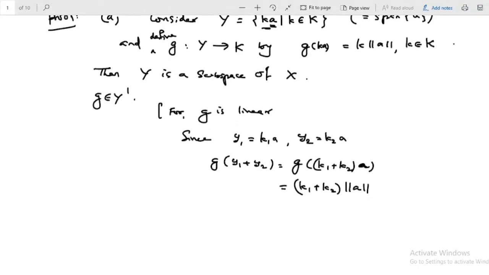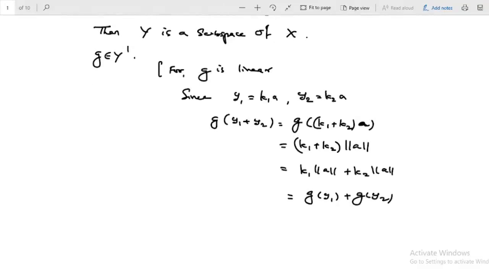That is equal to k1 into norm a plus k2 into norm a. This is G of y1 plus G of y2. And again, for k belongs to K, G of k y1 is G of k into k1a, where k1 is a scalar.